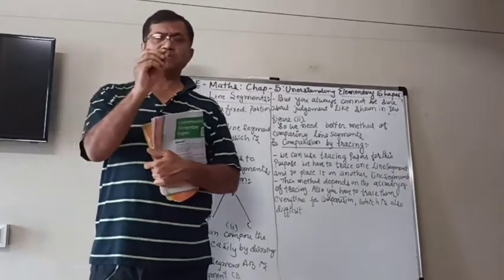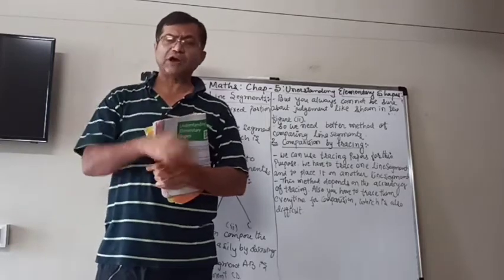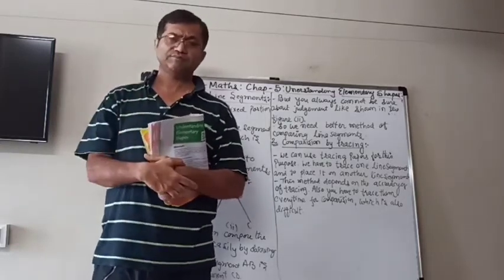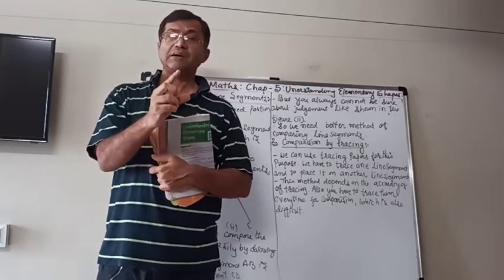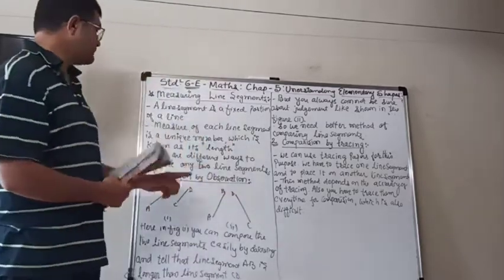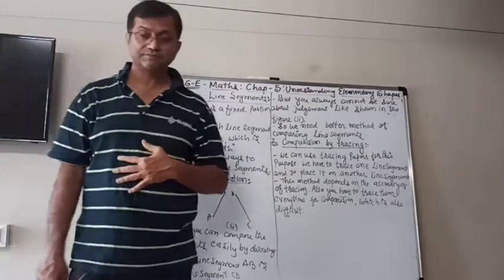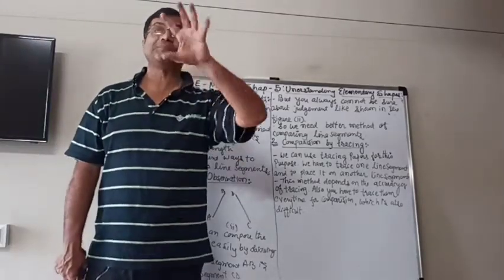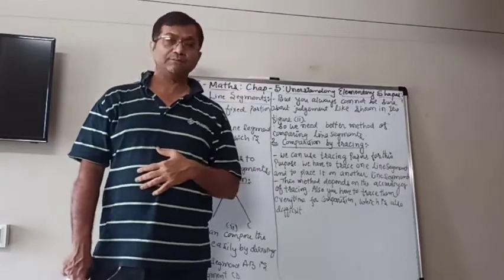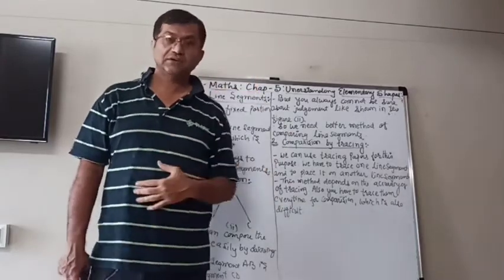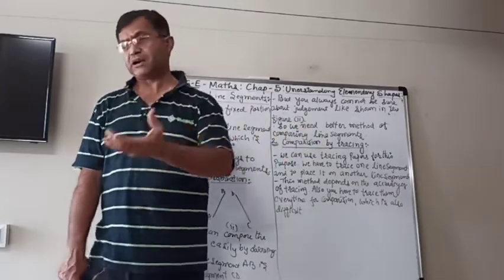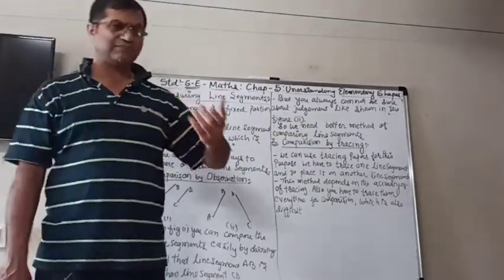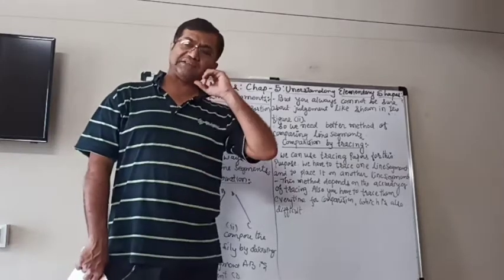The first, without any tools, is the simple method of comparison by observation. You just look at them and try to compare them; one line segment can be bigger, the other one can be smaller.